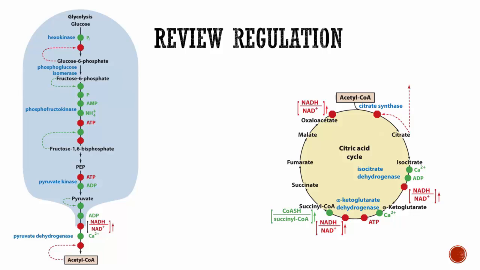In the citric acid cycle, we can inhibit citrate synthase, isocitrate dehydrogenase, and alpha-ketoglutarate dehydrogenase. By utilizing these points of control, we can also regulate the electron transport chain as well as ATP synthase by default.